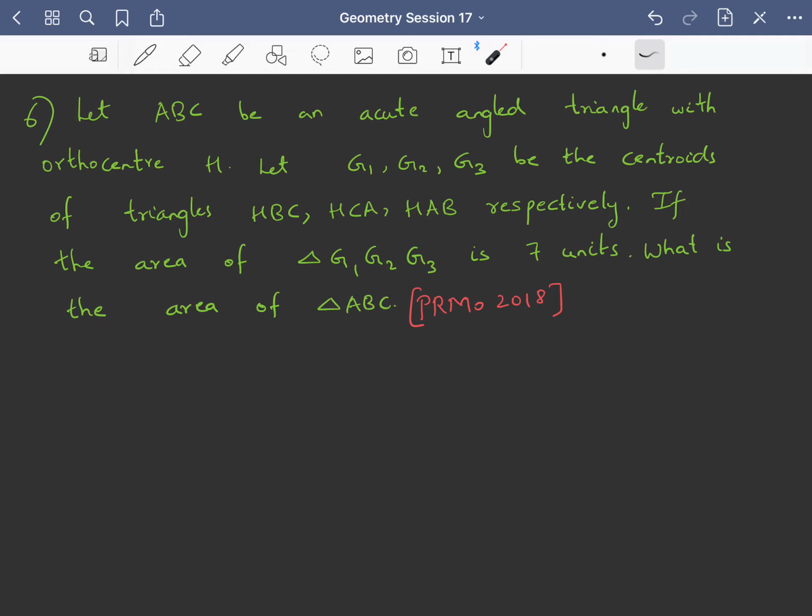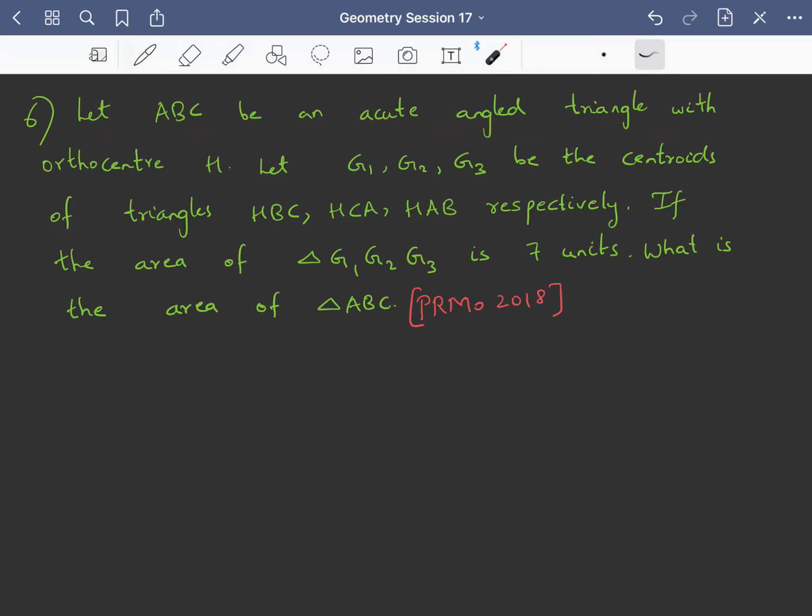This is another problem from PRMO 2018 and this is a really nice question. I will suggest you give a really good try to this problem, at least 20 minutes. So first copy the question.